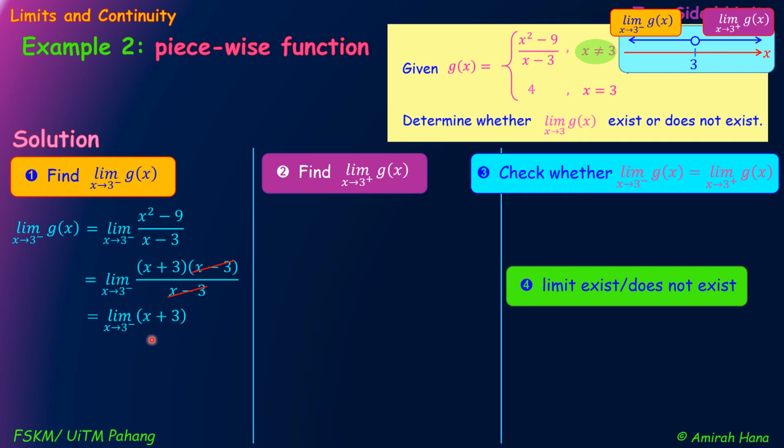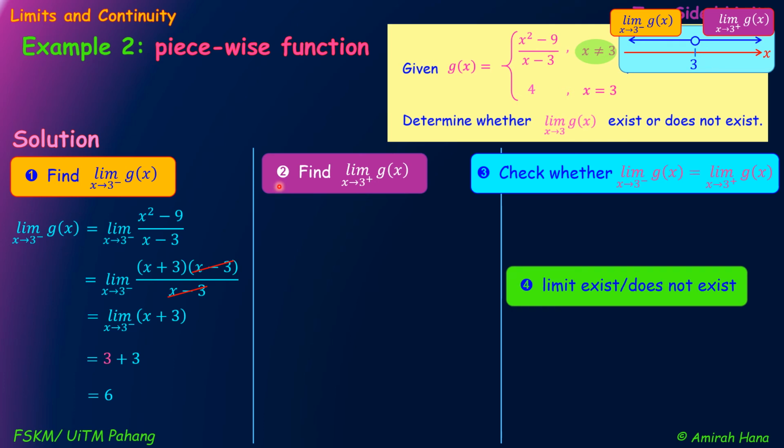And from here, we can use direct substitution. After we use direct substitution, there is no more limit expression. We plug in 3 into the variable x, so we get 3 plus 3, and the answer equals 6. So the limit as x approaches 3 from the left of g(x) equals 6. Right?